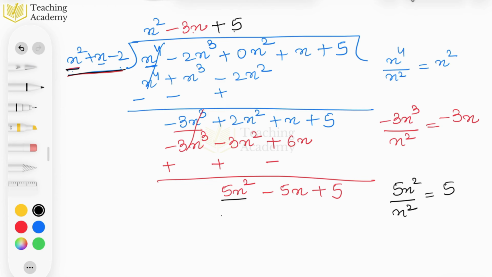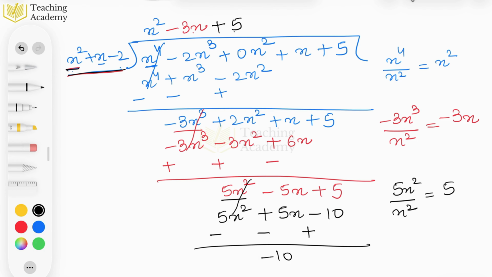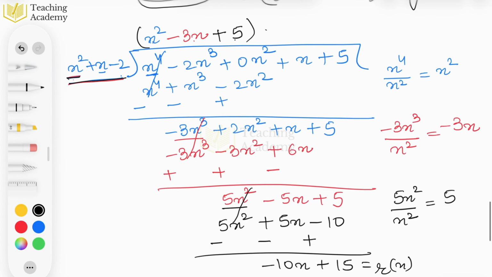So this is 5x square plus 5x and negative 10. Negative, negative and then positive, right? So this got cancelled. This is negative 10x and this is plus 15. So this is your remainder and this is your quotient.